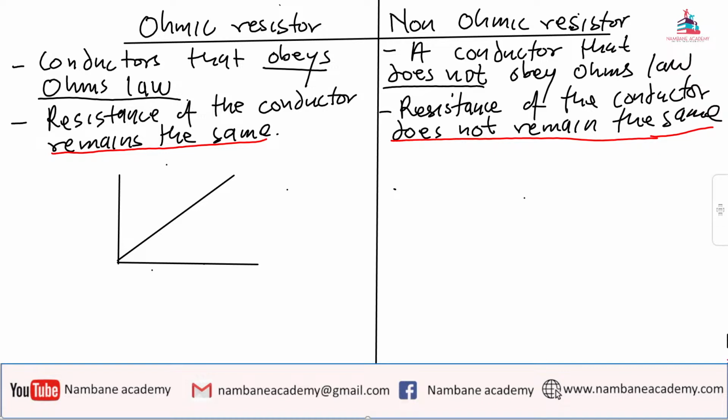Then one can easily say this is V and this is I. But when I look at this, if I look at the gradient of this graph, it will be V over I, or changing V over I.